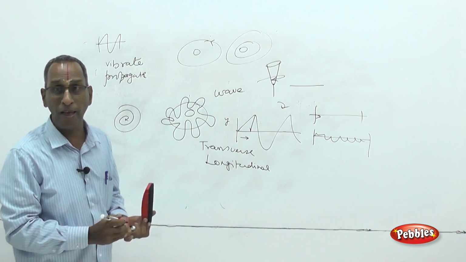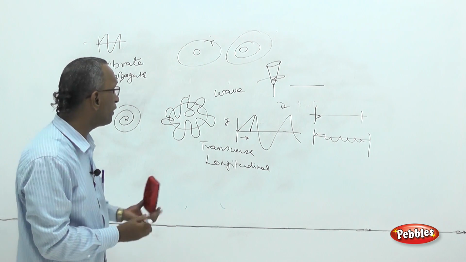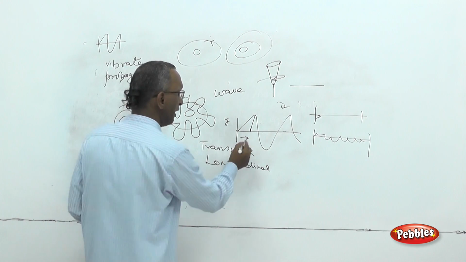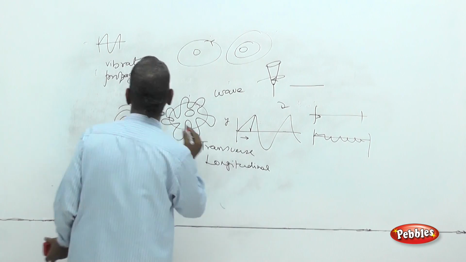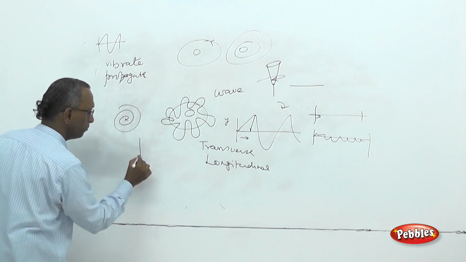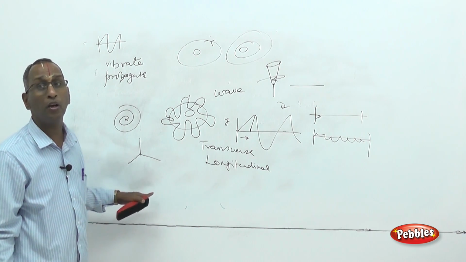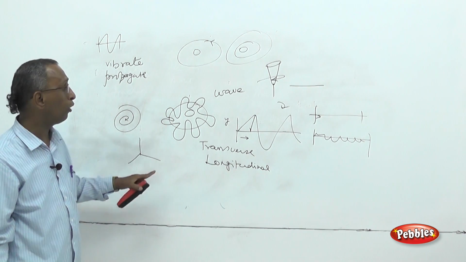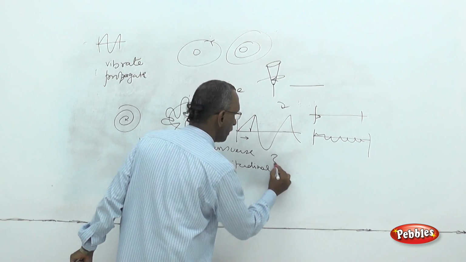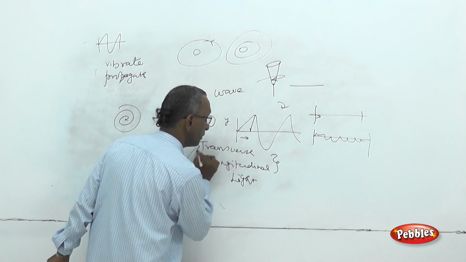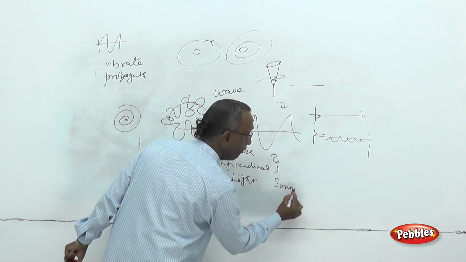The Y-axis is displacement, the X-axis is propagation. There are two: vibration and propagation. The direction of propagation and the direction of vibration are perpendicular to one another. Both light waves and sound waves exist. Light waves are transverse waves. Sound waves are longitudinal waves.